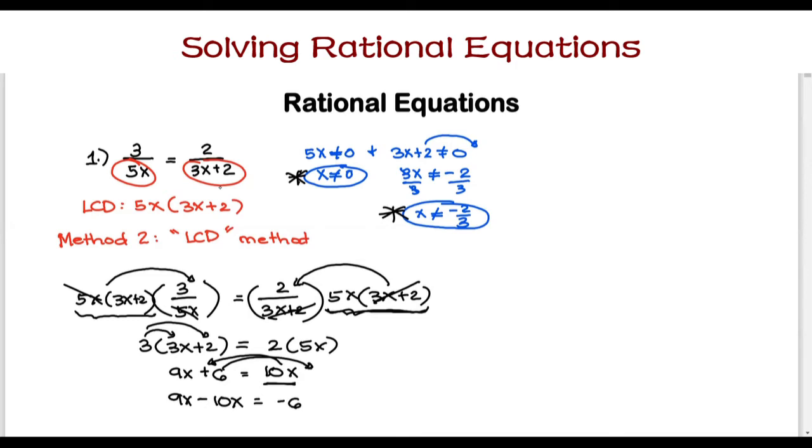And then, anong meron tayo? What is 9x minus 10x? You will get negative x. So, negative x is equal to negative 6. We're not yet done because ang coefficient ni x ay negative. So, we have to divide both sides by negative 1.